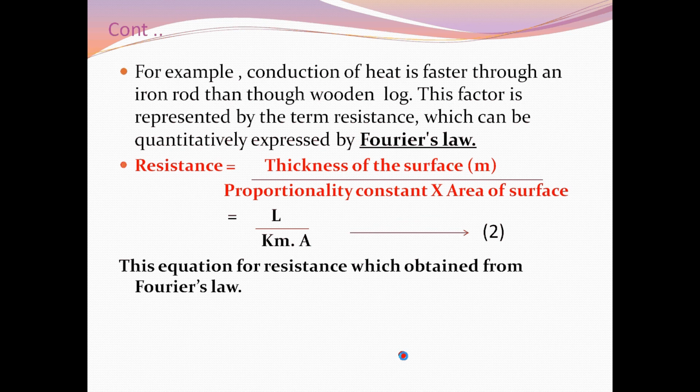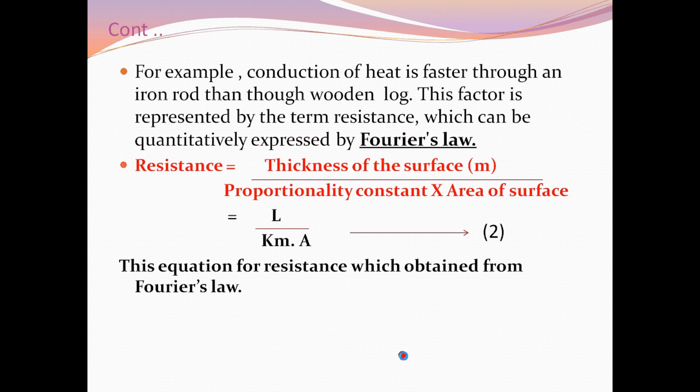By Fourier's law, the resistance term is expressed. What is that actual resistance? According to Fourier, the resistance is equal to the thickness of the surface divided by the proportionality constant times the area of the surface. That means L divided by Km into A. This equation for resistance is obtained from Fourier's law.